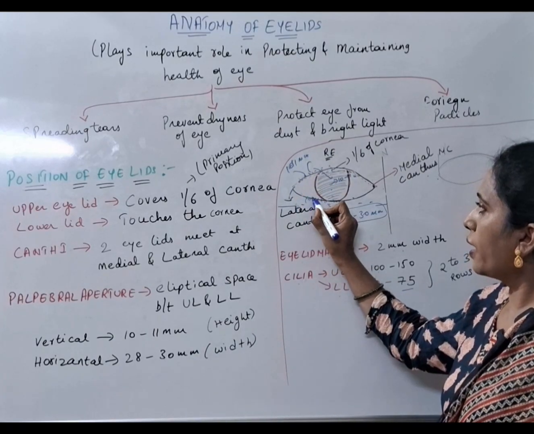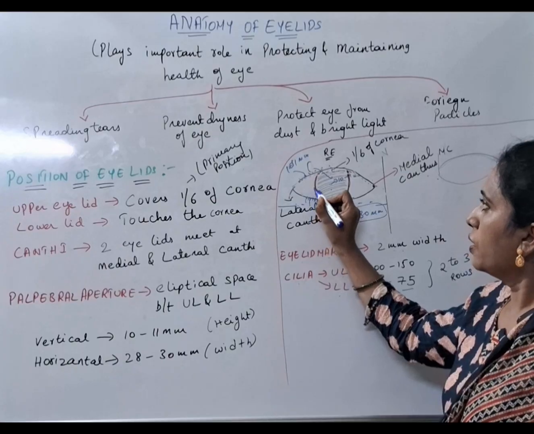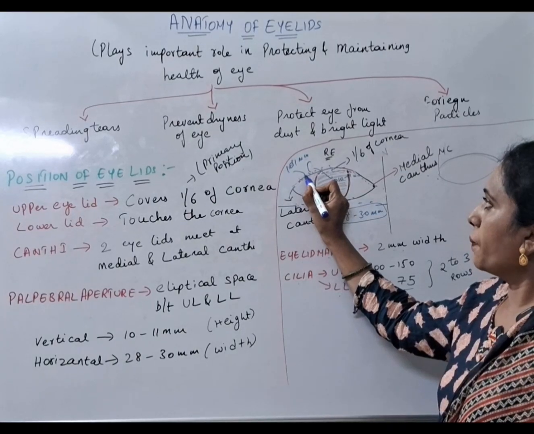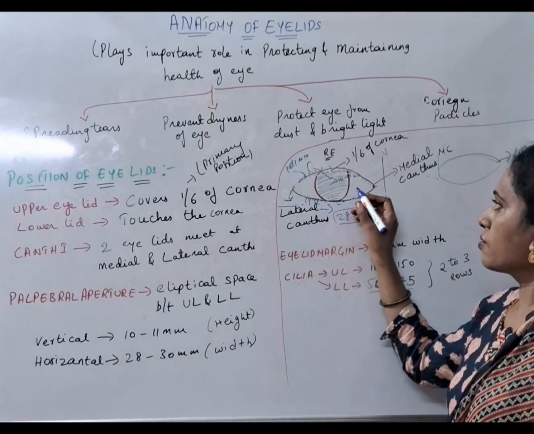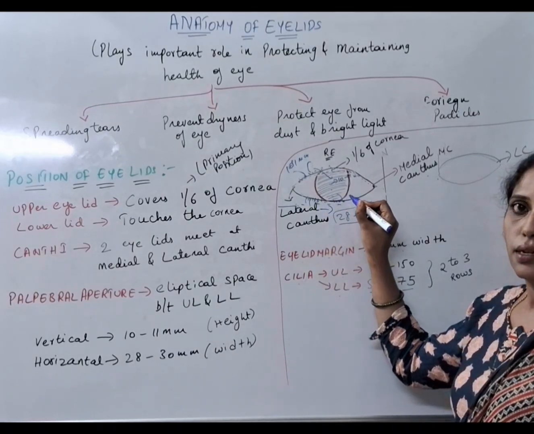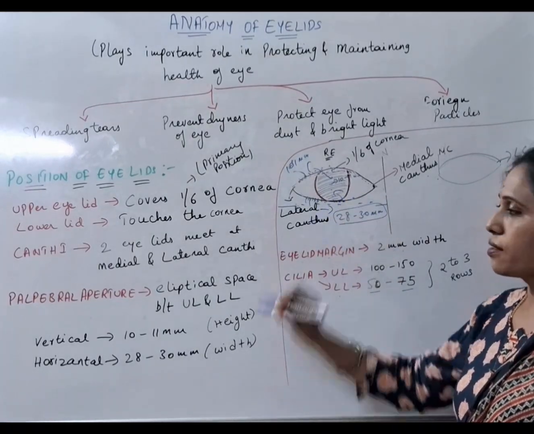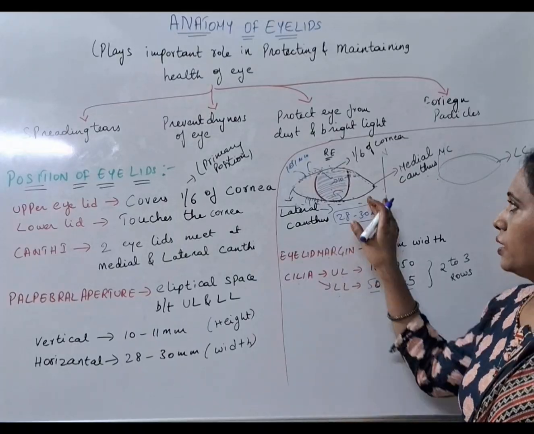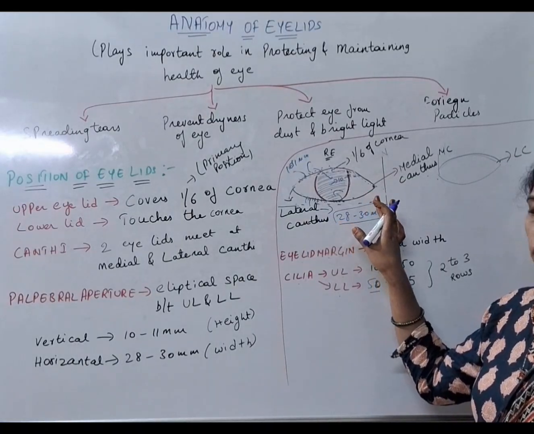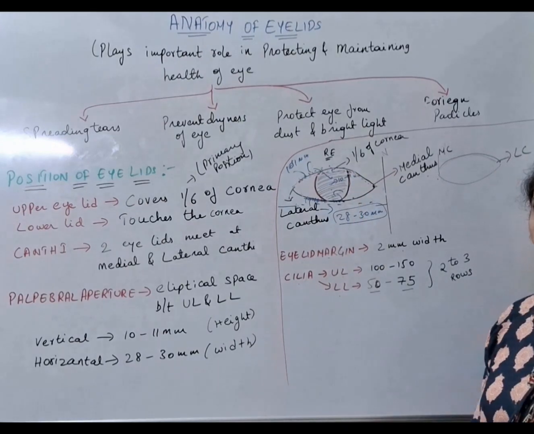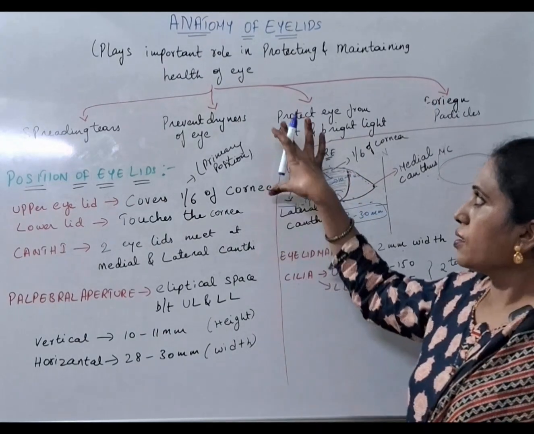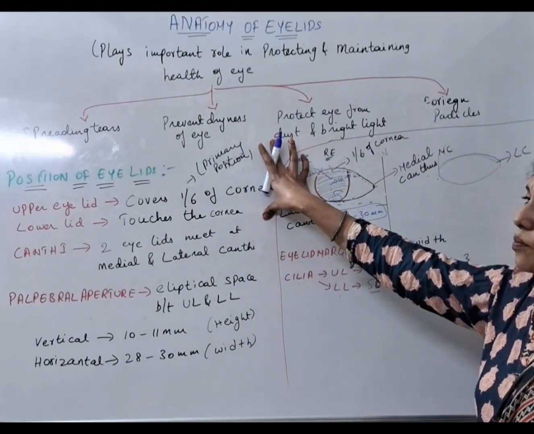What happens if it is inward? It touches the cornea. As a result, the patient will get discomfort with this. This misdirection of eyelashes, everything we will discuss in the later class. So this is the main introduction of the anatomy of eyelid.